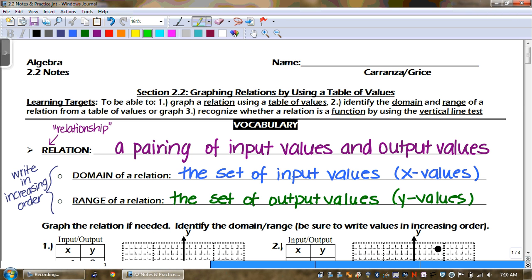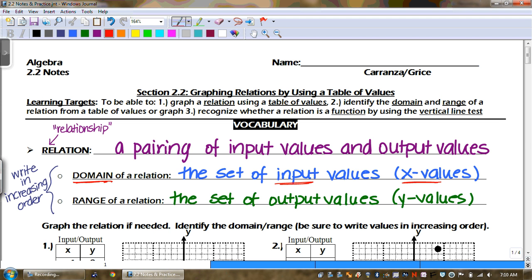A relation, whenever you think of the word relation, think of a relationship. And that is a pairing of input values and output values. So the input is known as the domain. The domain is the input values, and that is your x values. All x's are the input.